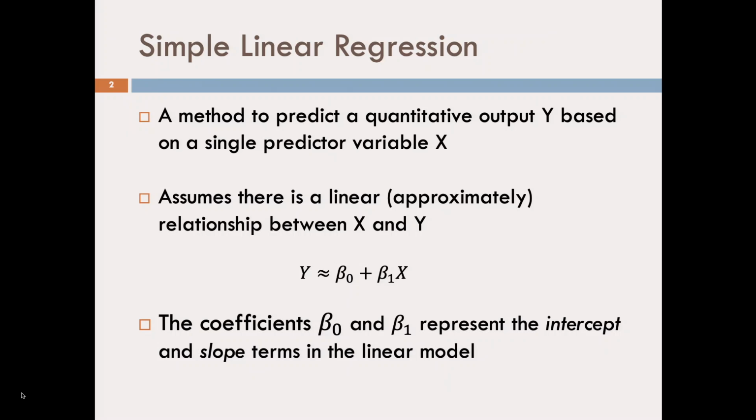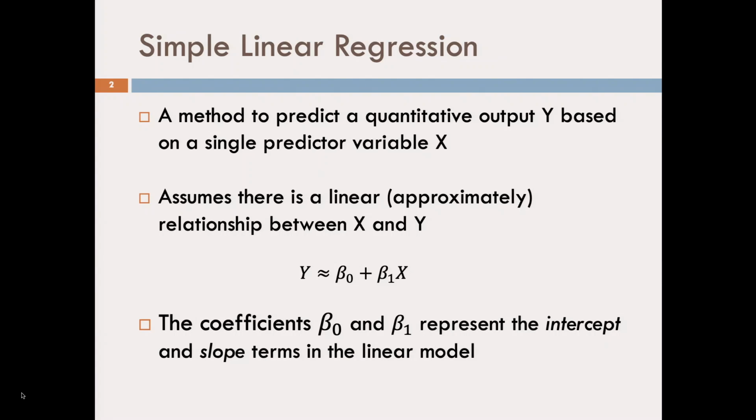So we are going to seek 2 beta values, okay? These are the true coefficients. If we had the whole population of data, we would know the coefficients that lead to a linear relationship between the variables. These coefficients represent the intercept and slope in terms of the linear model. I mean, that will be a line, okay?